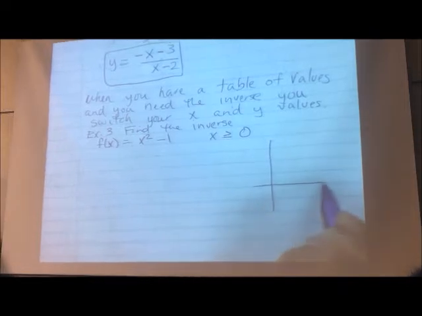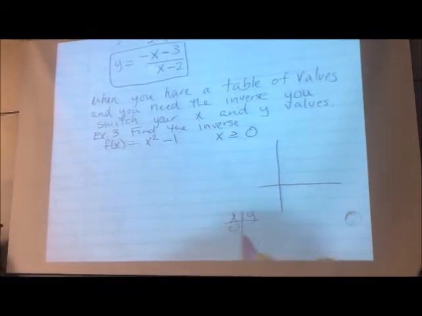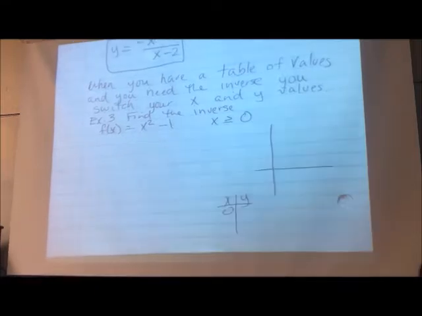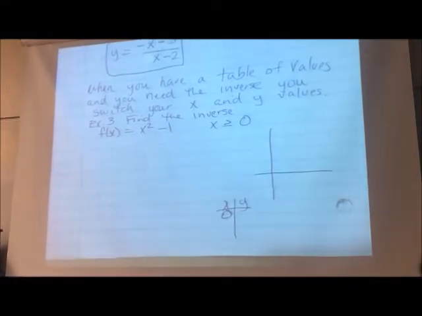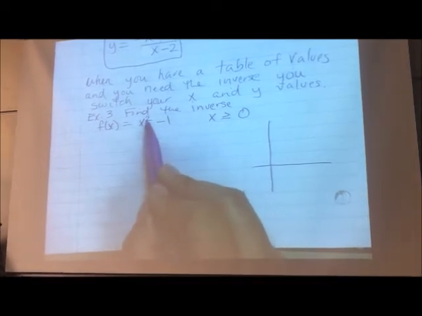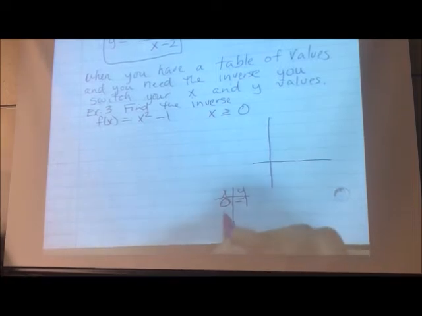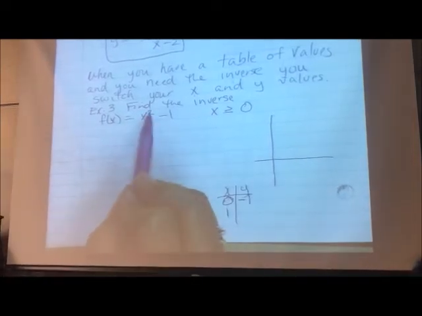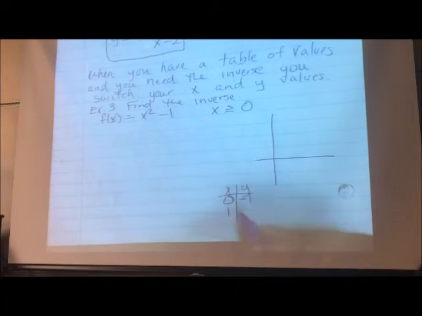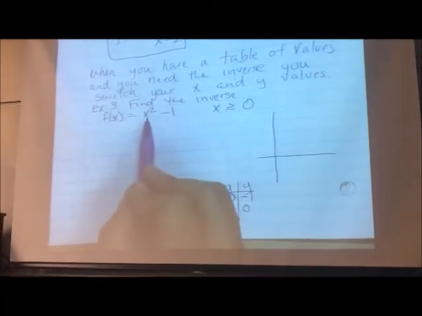I'm just going to do a sketch here, and x is 0. FYI. If I plug in a 0 here, what's 0 squared minus 1? Negative 1. If I plug in a 1 there, what's 1 squared minus 1? 0. Let me plug in a 2. What's 2 squared? 4.